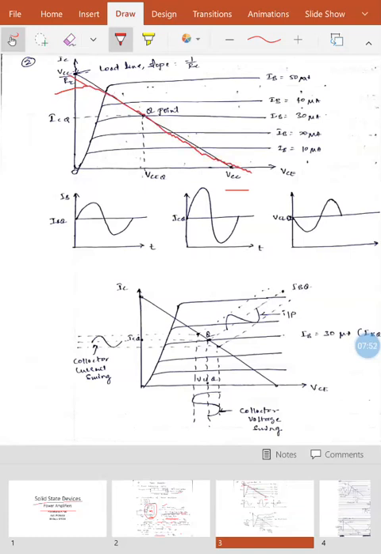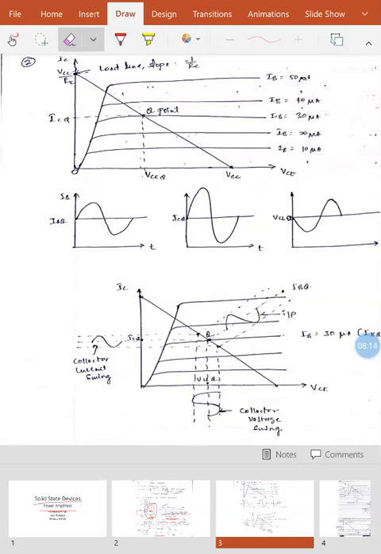Okay? And this straight line touches the output characteristics at many points. It is going to touch over here, here it is touching, here it is touching, here and here. In all the output characteristics, the load line is going to touch the characteristics, or you can say the output waveforms. Okay?